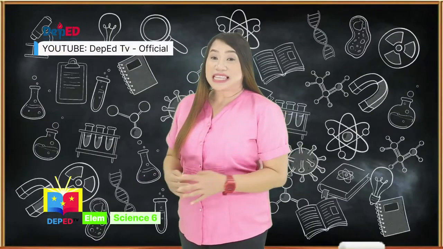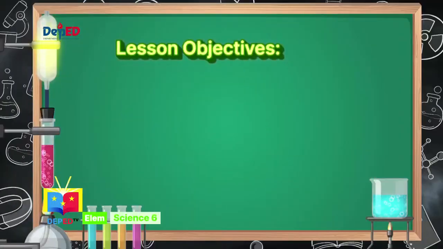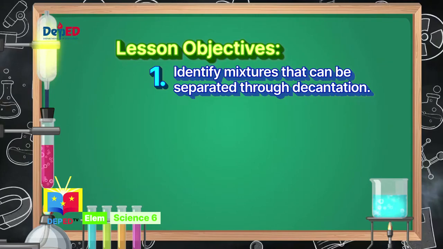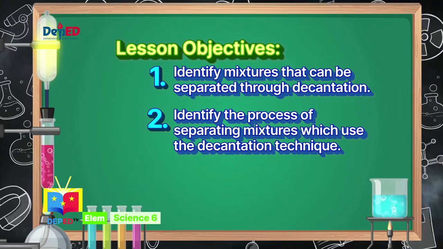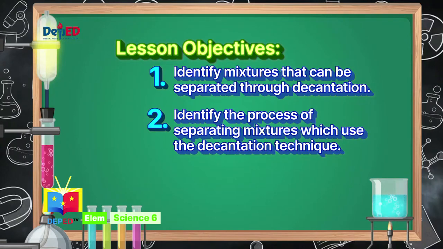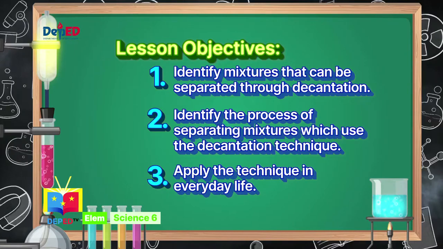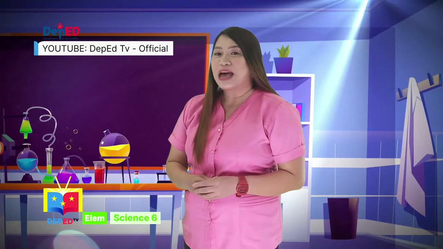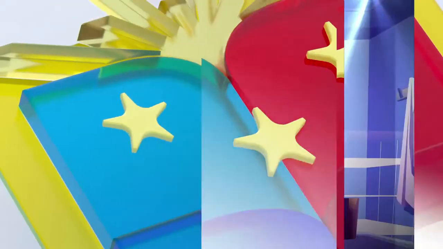At the end of this episode, you will learn how to identify mixtures that can be separated through decantation. Identify the process of separating mixtures which use the decantation technique and apply the technique in everyday life. From our previous episodes, we learned about filtration, sieving, and evaporation.